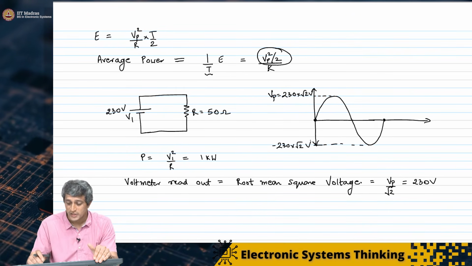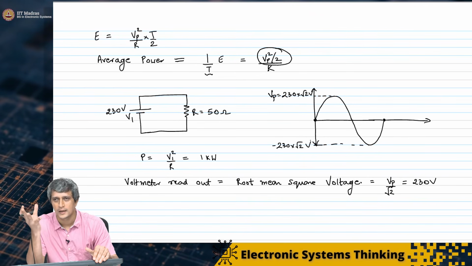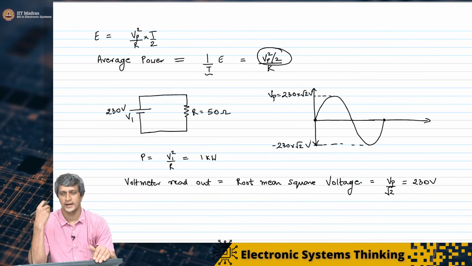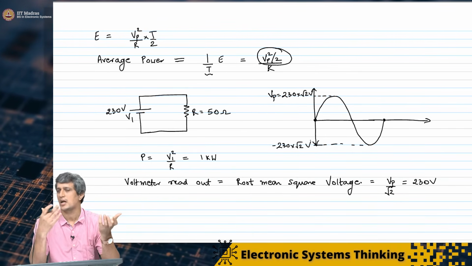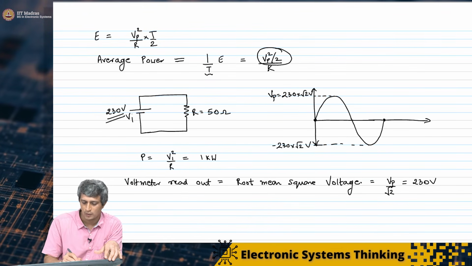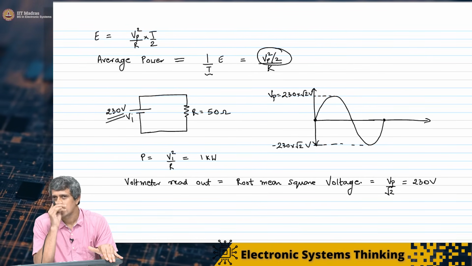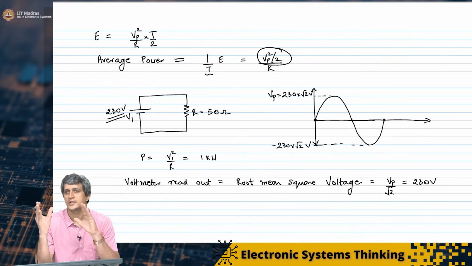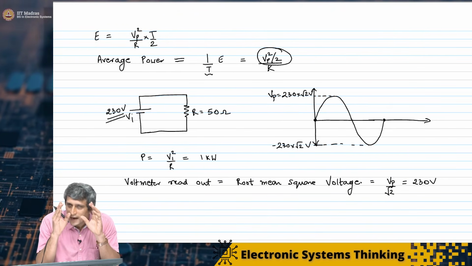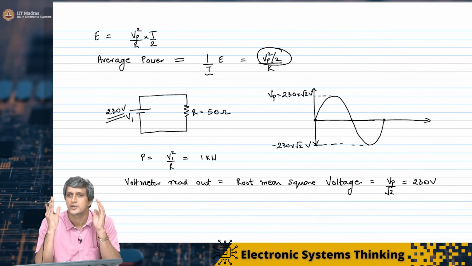So when you use this particular signal in order to heat that kettle, which was just a resistor of 50 ohms, it was delivering an average power as if a DC source of 230 volts was driving current into it, and that is why this root mean square voltage approximation was a very valid approximation, and we could still discuss it as if it were a DC source.